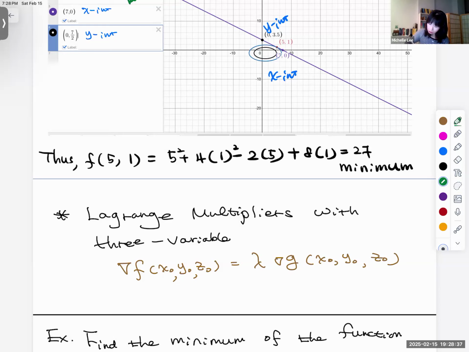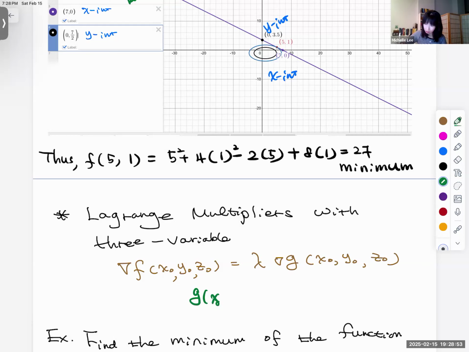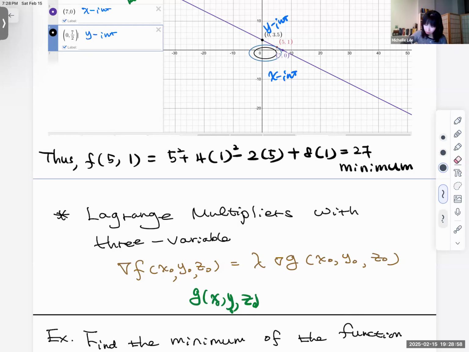So g of x, y, z equal to 0, right? Careless. Okay, all right.